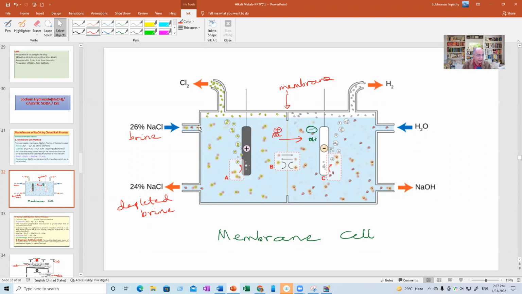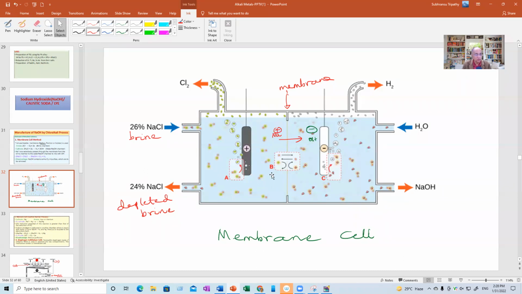This is the brine, a saturated or concentrated solution of sodium chloride that will go here, and it will be coming out as a depleted brine. The concentration will be less because some part of sodium chloride has been electrolyzed. Particularly, chloride ion has been oxidized to chlorine in the anode.